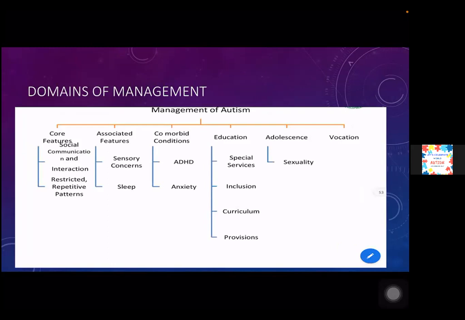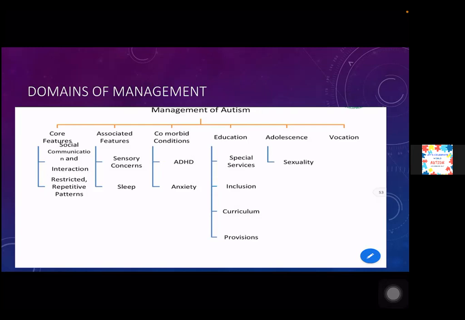Coming to the management of autism, I would not go into the details of each therapy. It's just an overview of the domains of management. So the autism management is divided into the following categories. The core features are the first thing which we stress upon, which includes social communication, social interaction, and trying to decrease the restricted and the repetitive patterns.